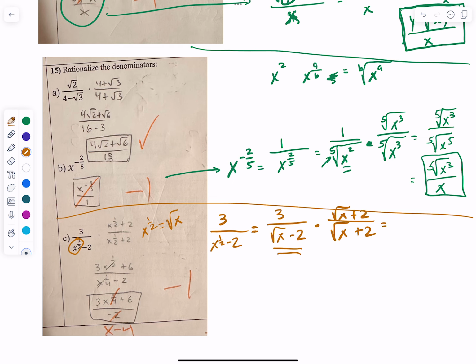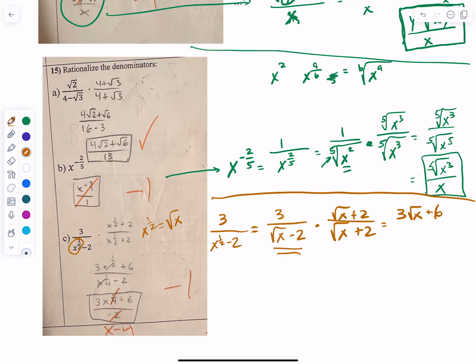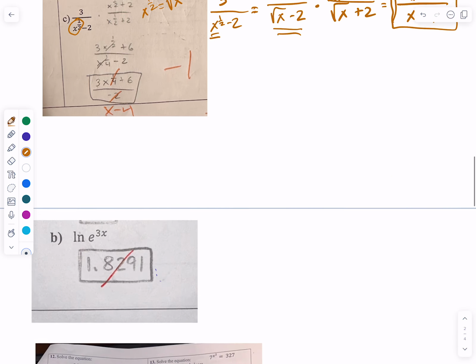So that is equal to 3 times the square root of x plus 6, right, 3, and then over x minus 4. Right, the whole key was that x to the half is equal to the square root of x, and then things become simpler.